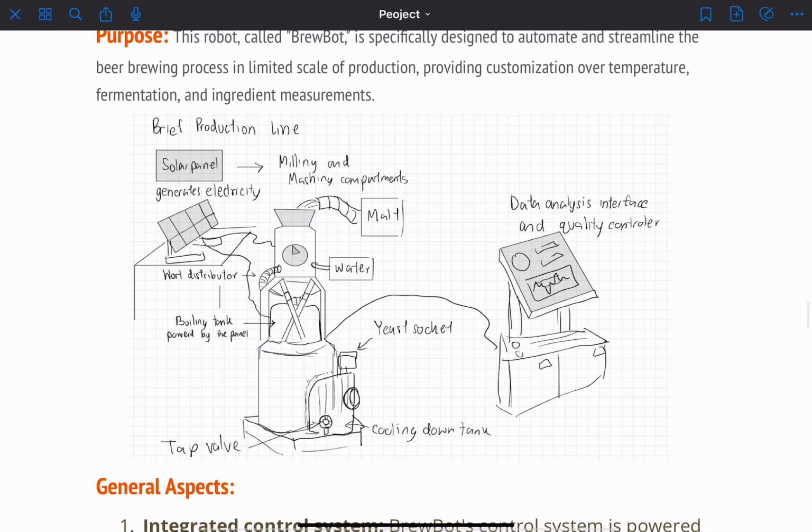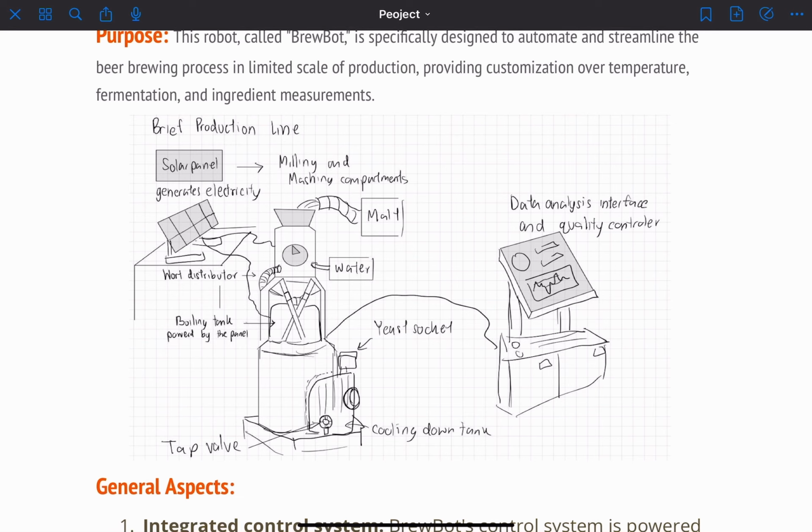So we start off with the electricity generated from the solar panel, which gives power to the whole process, starting from adding malt and water and boiling the liquid from the previous step that is known as wort, and then we keep the boiled liquid in the cooling down tank.